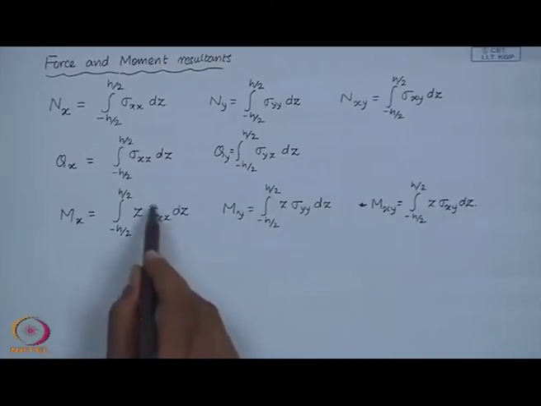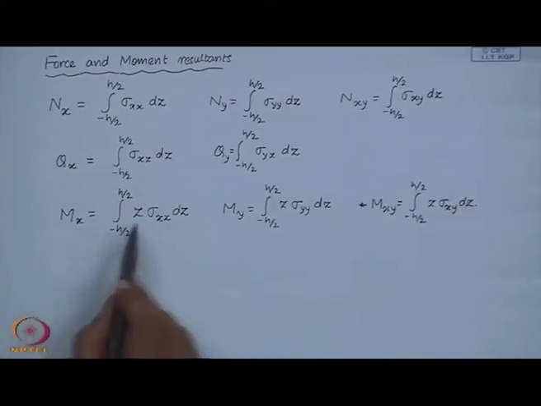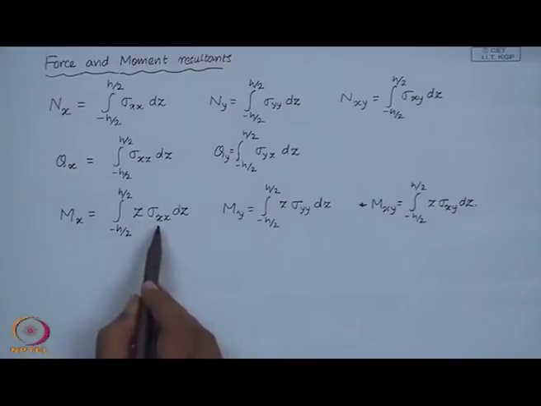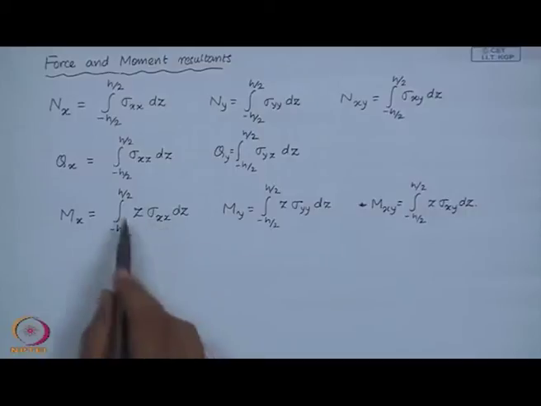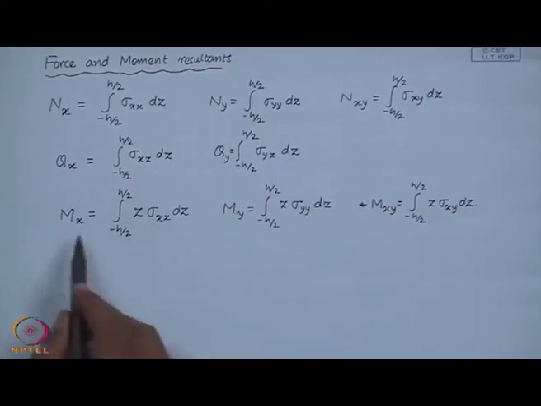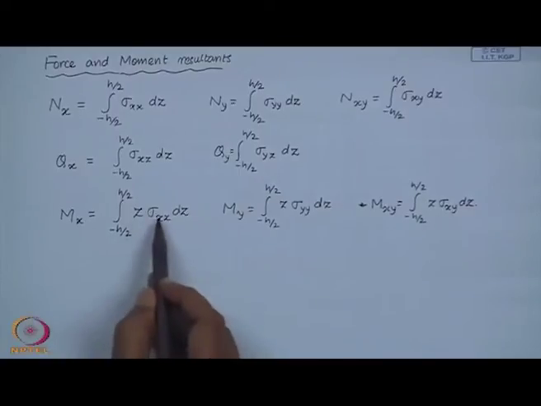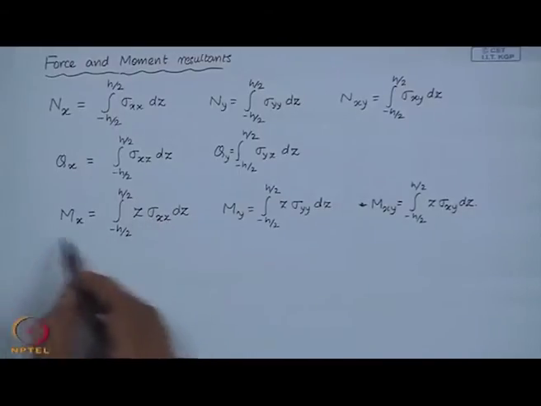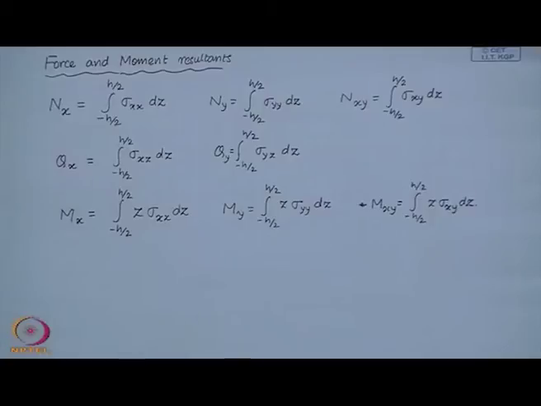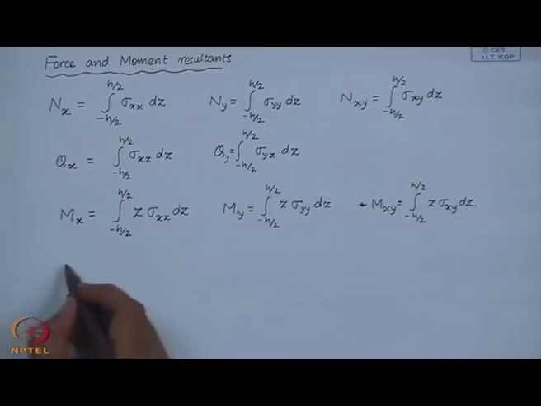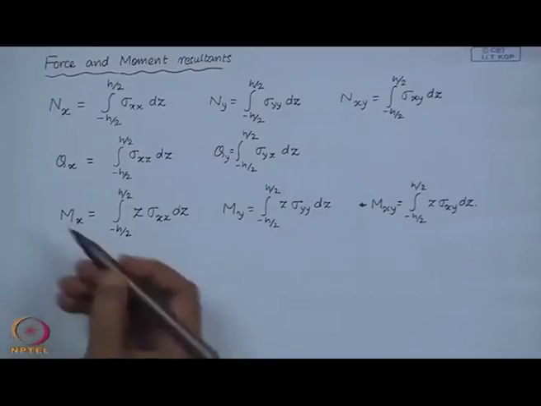We have defined here m x as z times sigma x x, but actually this moment is along the y axis. Still we call it m x because it is a moment with sigma x x. These resultants have the units of force per unit length or moments per unit length.